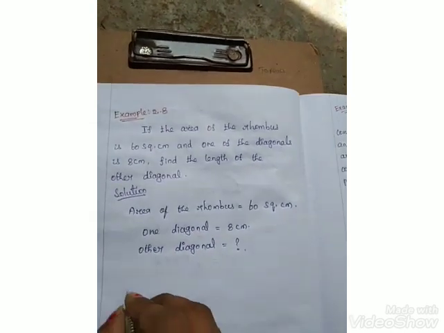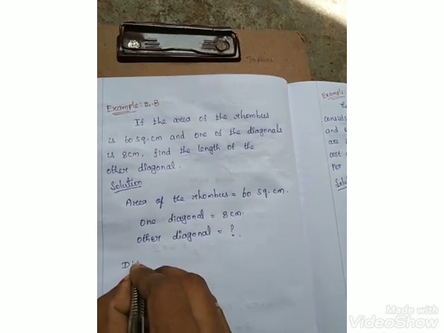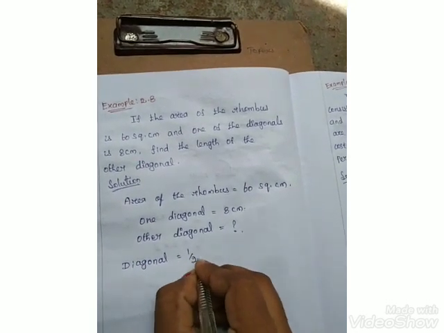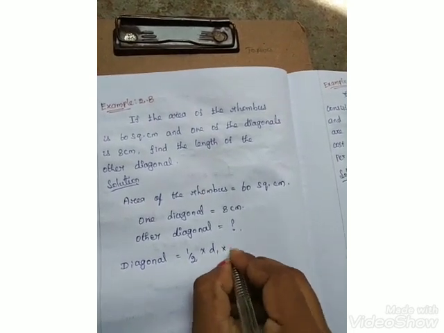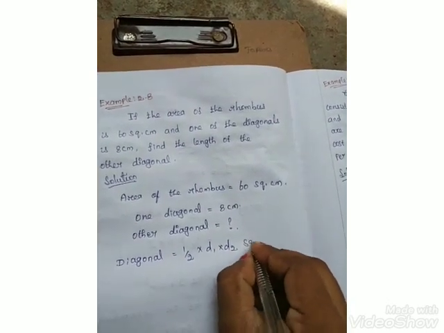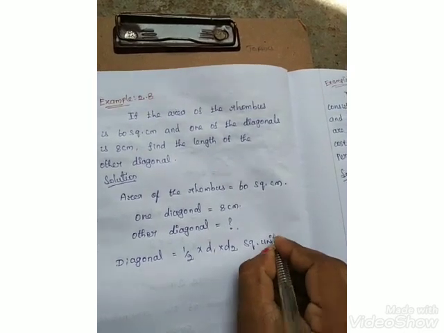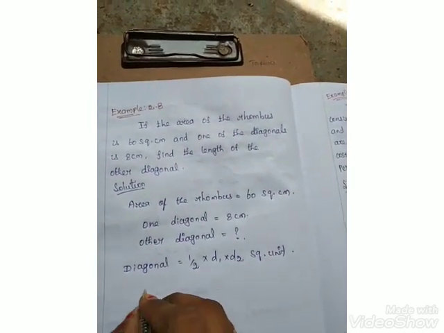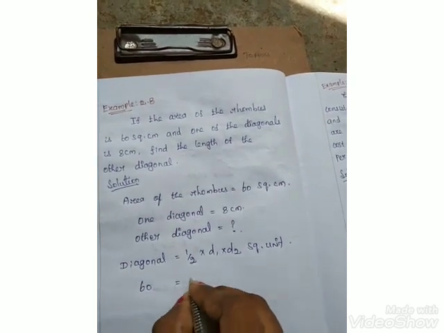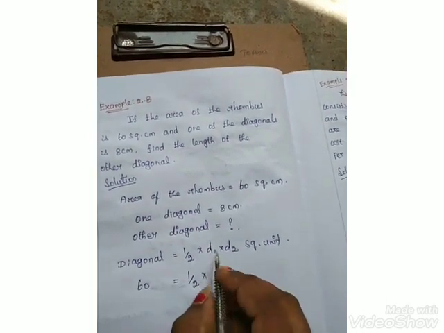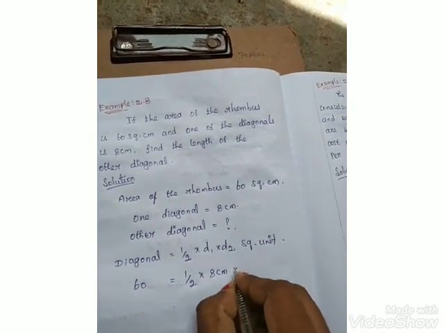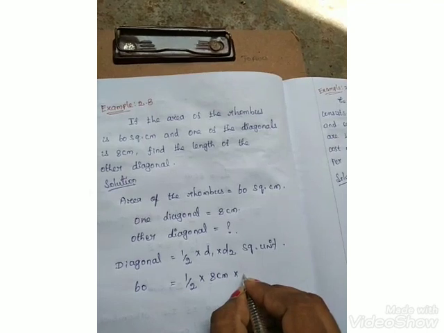Already we know the formula. Area is equal to 1/2 into d1 into d2 square unit. So given that area of the rhombus is 60, equal to half into diagonal 1, diagonal 1 is 8 centimeter, into diagonal 2, which we can find out.